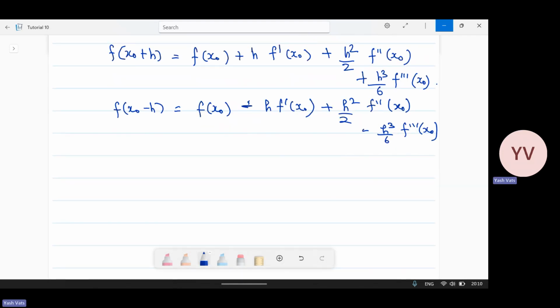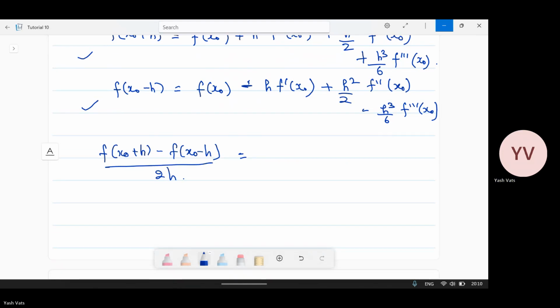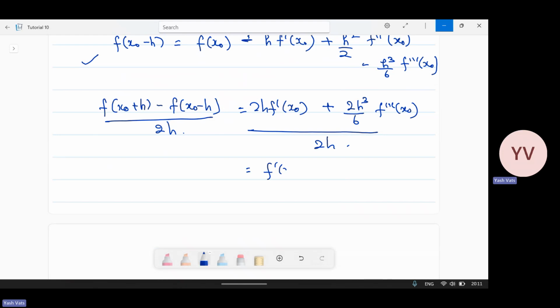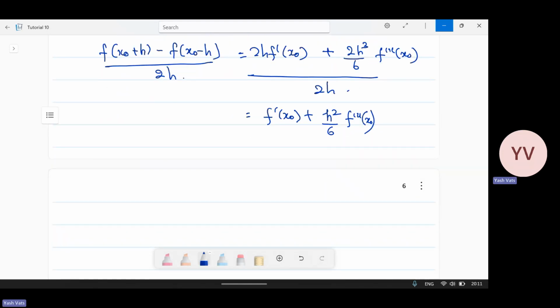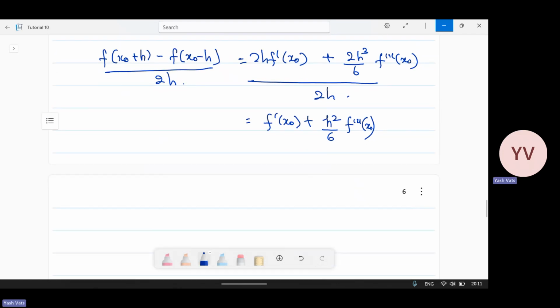Once you do the subtraction over these two, then f(x0) upon 2h will become f'(x0) times 2h, and this will cancel out 2h cubed by... it should be f'(x0) plus h squared by 6 f triple prime (x0).